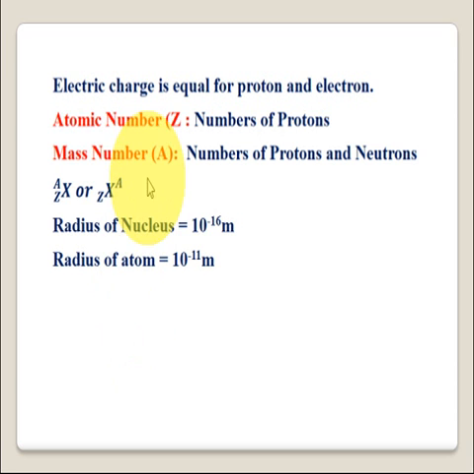Typically the representation of an element is like this: X with Z as the atomic number and A as the mass number. Typically the radius of the nucleus is 10 raised to minus 16 meter, and the radius of the atom is 10 raised to minus 11 meter.